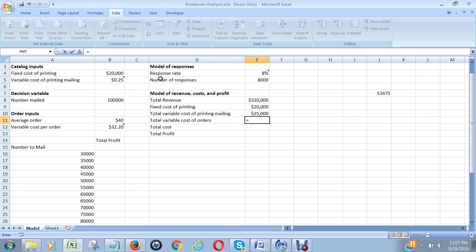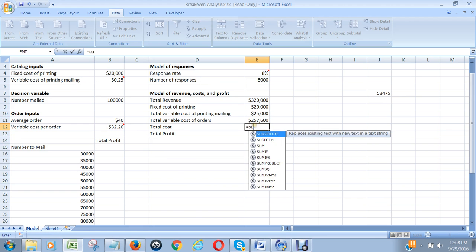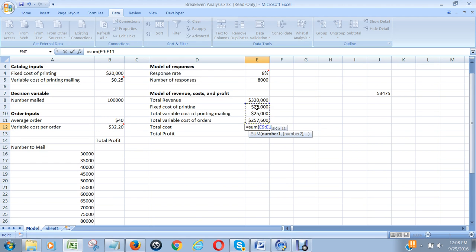And then when you actually sell something to somebody, you have to pay $32.20 for whatever the product cost you. So it's going to be 8,000 multiplied by $32.20. And that means the total cost of this mail out is $302,600.